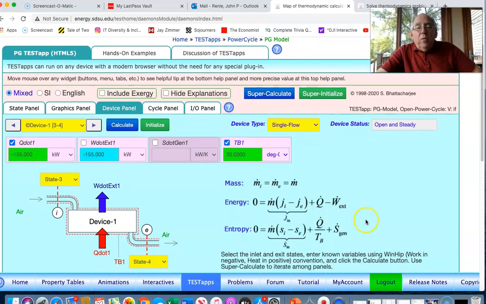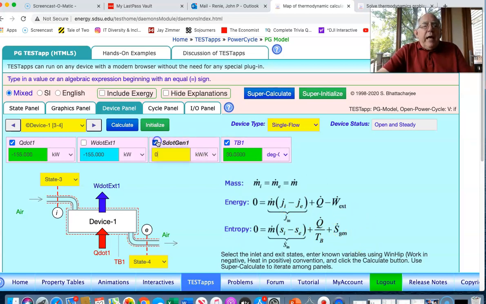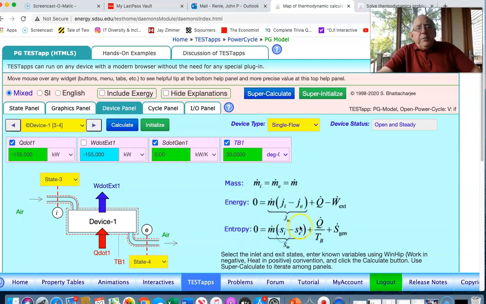Now, we also know that in this particular case, because it's reversible heat transfer at constant temperature, S dot gen is equal to 0. And so the entropy balance equation with Sgen equal to 0 is what relates the entropy change. And there is an entropy change not because temperature went up, because temperature stayed the same, but because pressure changed.